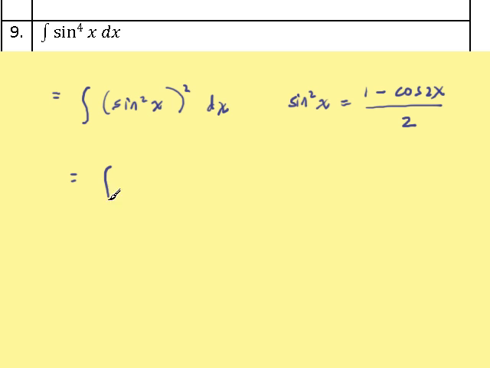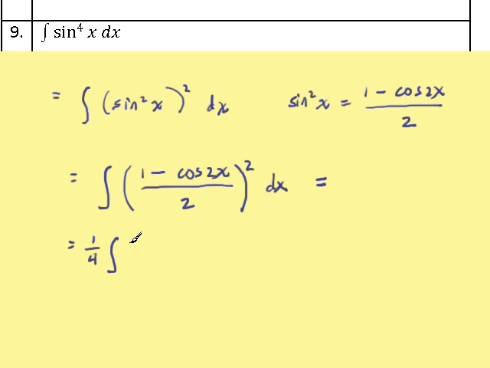Let's put that in there and square this out. First, square the 2 in the denominator, and we can bring out a 1/4. We're going to square out 1 minus cos 2x times 1 minus cos 2x.